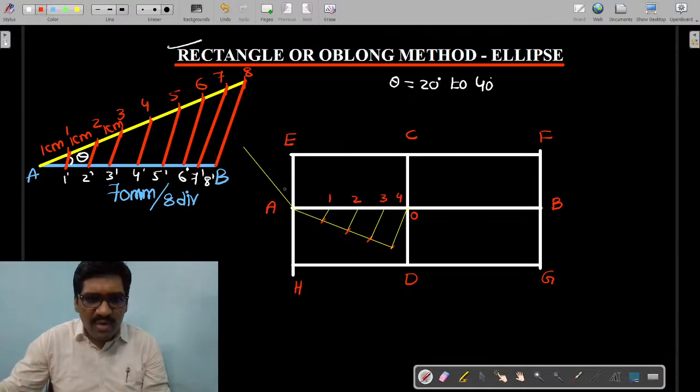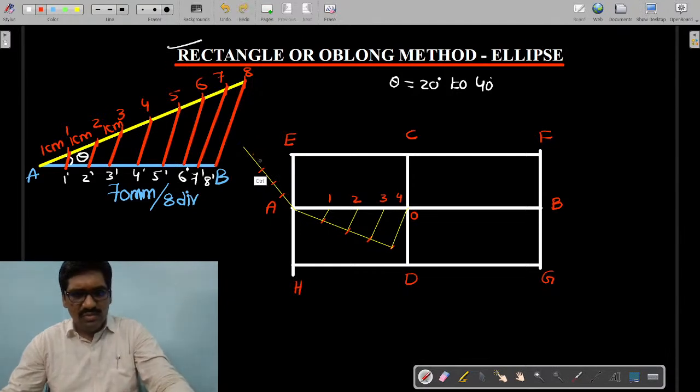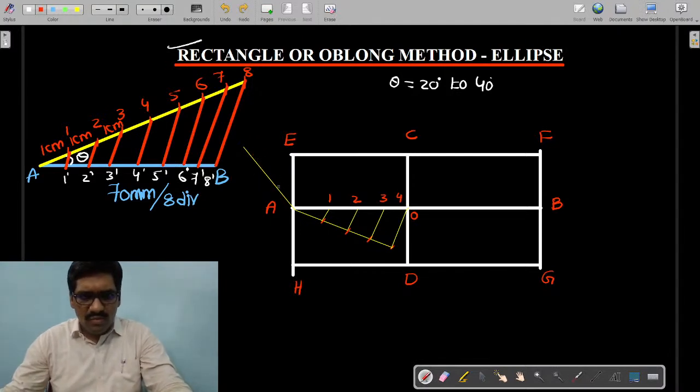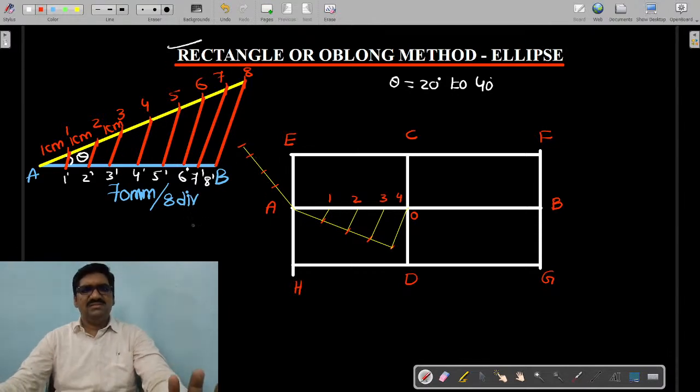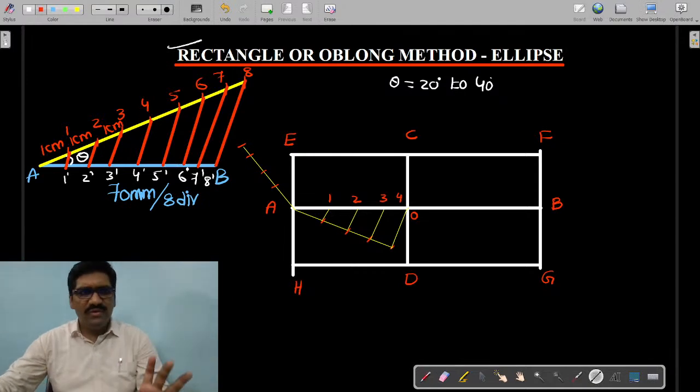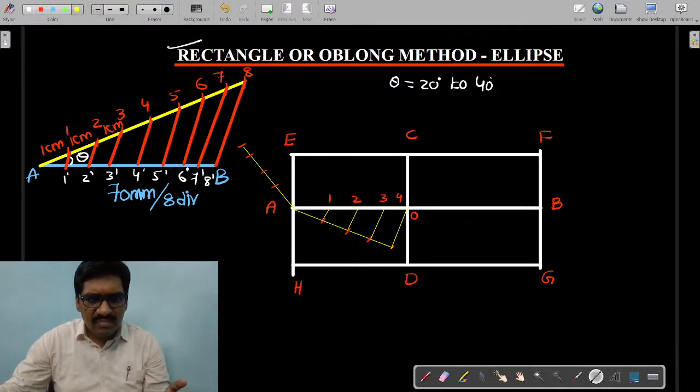Now, mark 4 points here: 1, 2, 3, 4. 1 centimeter, 2 centimeter, 3 centimeter, 4 centimeter like this. So next, join this one, join this one.